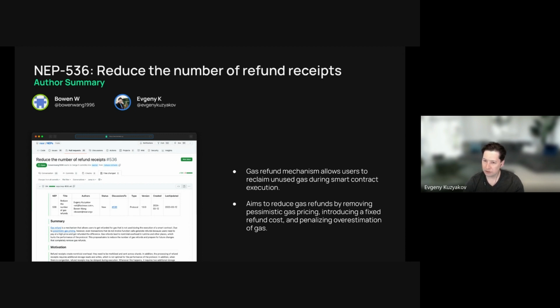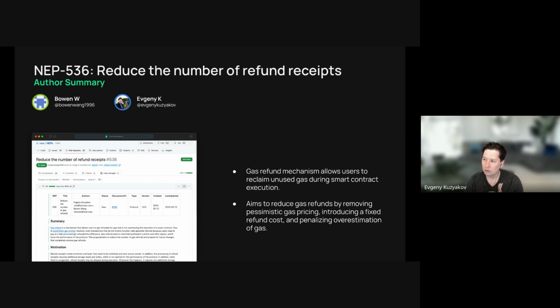The second change of the NEP is that previously we were not charging explicitly for the cost of the gas refund. So a gas refund is effectively a transfer, so it has the original cost and the creation of an action receipt. It was charged when it was executed, but not when it was sent.